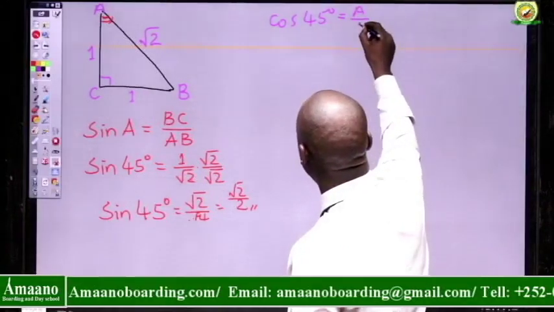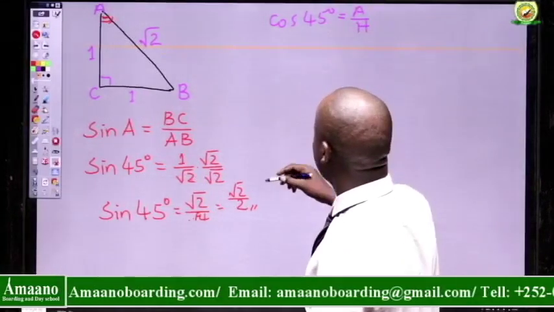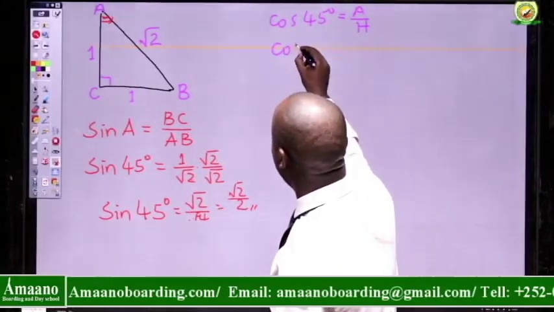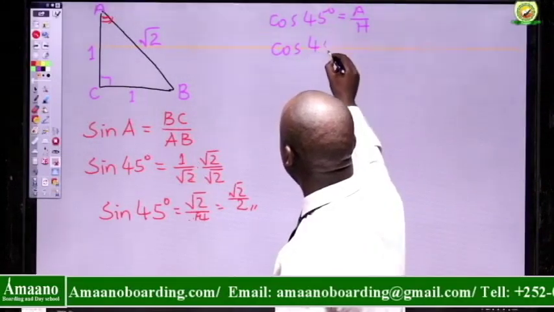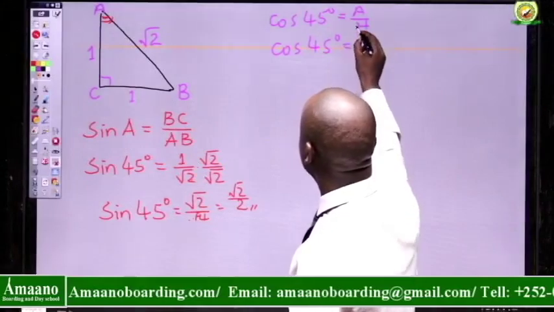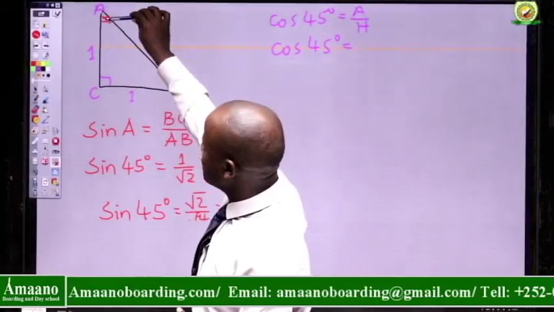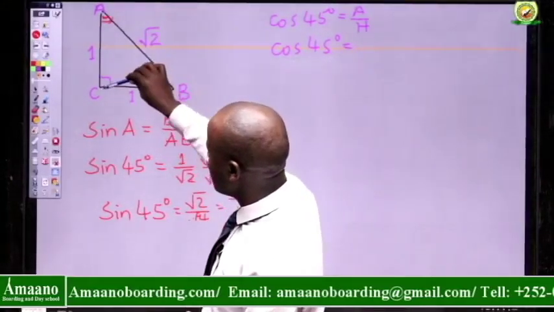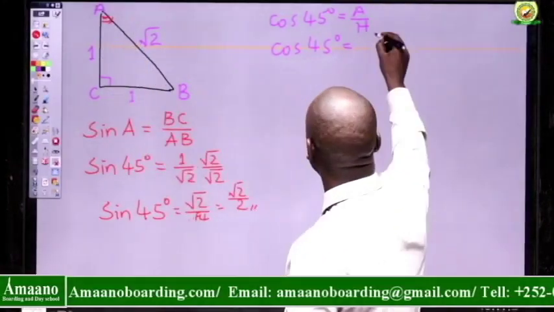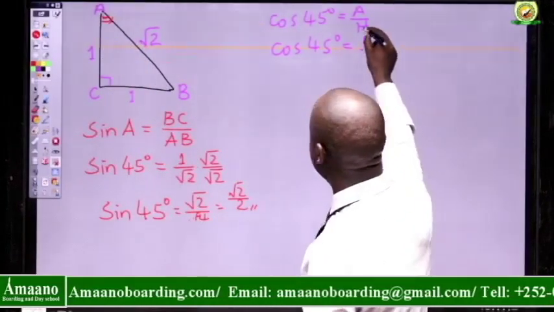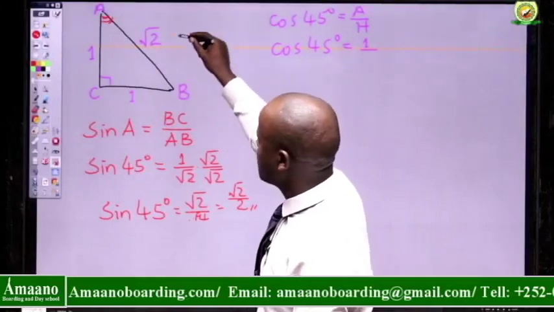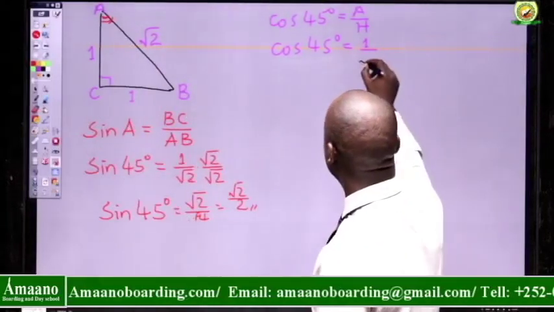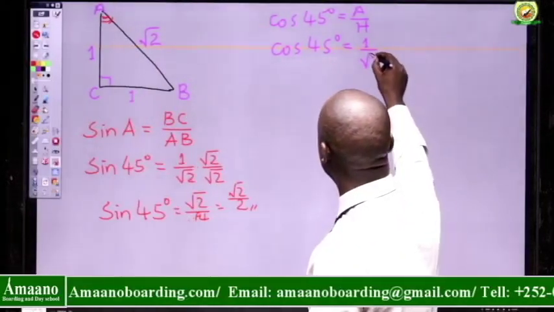Now cos 45, as we did for sine 45, what is the adjacent? The adjacent side for this given angle A is the side which is 1 unit, divided by the hypotenuse, the same, which is the longest side, that is side AB, square root of 2.